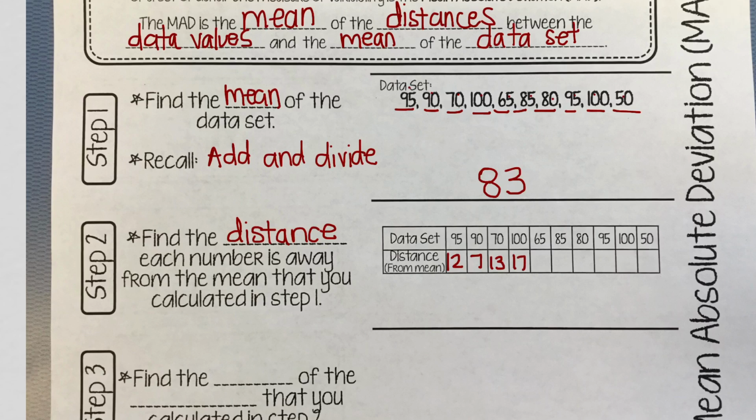Okay, 83 minus 65 is 18. The distance between 85 and 83 is 2. The distance between 83 and 80. The distance between 95 and 83. And the distance between 100 and 83. And the distance between 50 and 83.